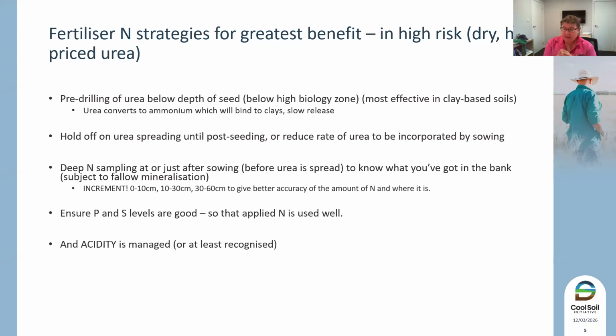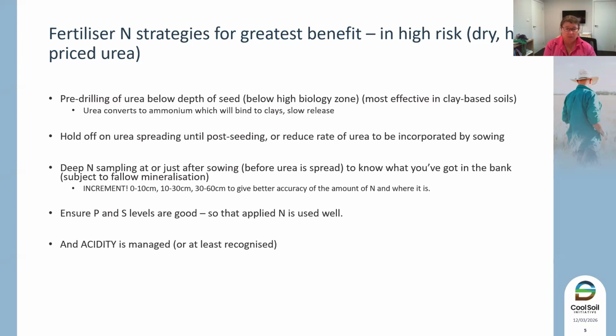The reason for that is that as temperatures decrease, the rate of volatilization decreases, and the rate of denitrification also decreases. So the more you can hold off a little bit, the fewer loss pathways you've got going on.